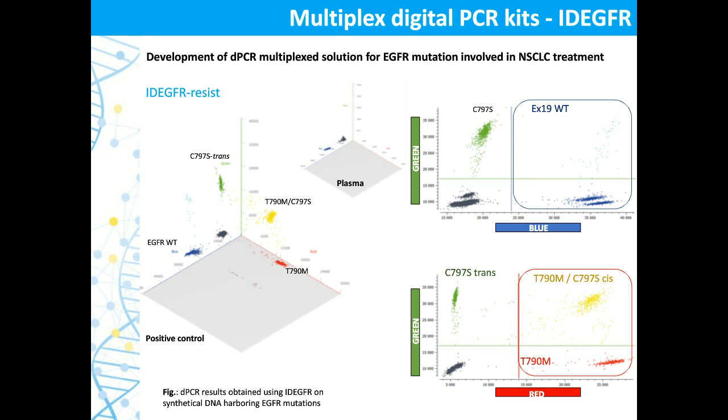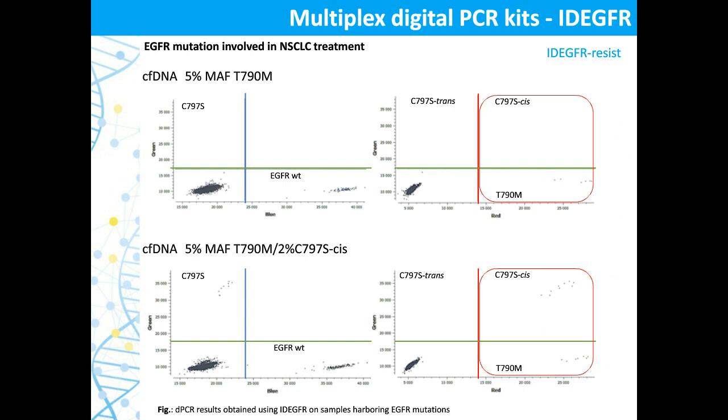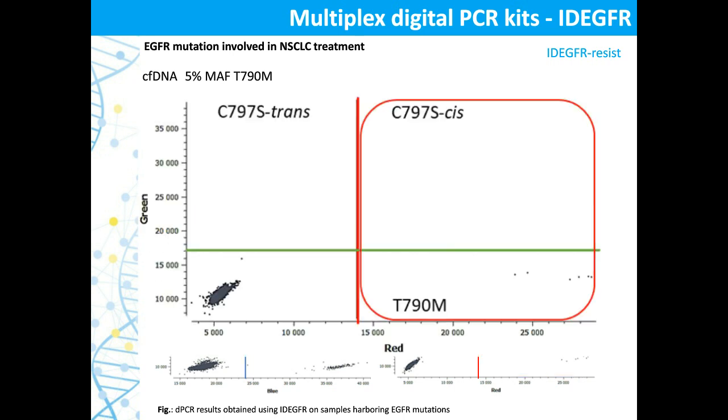Here are some examples of what we got using cell-free DNA. The first one was slightly mutated for the T790M, and the second one harbors C797S in cis. As you can see on this 2D dot plot, for the T790M, we end up with 6 positive droplets.